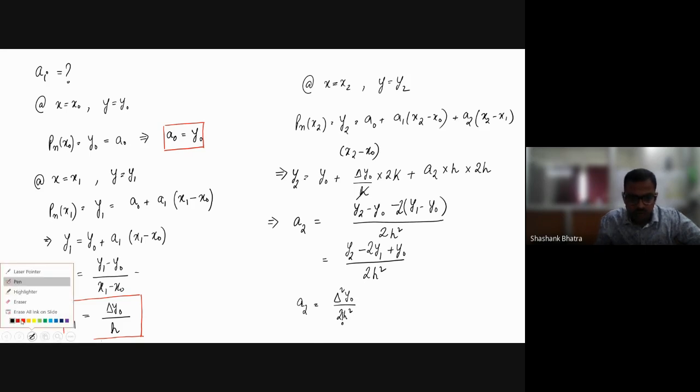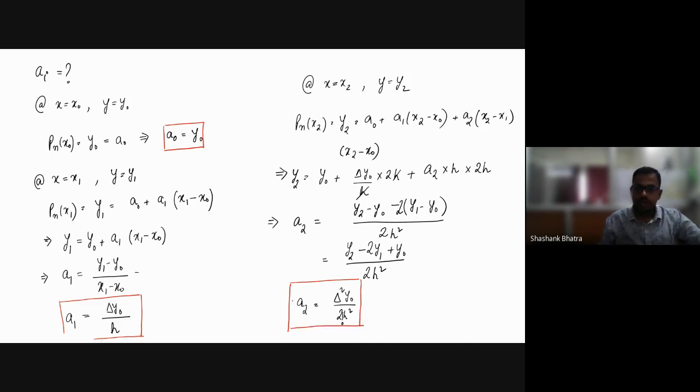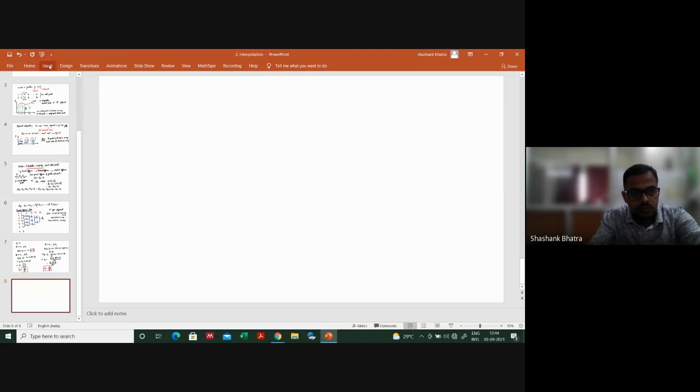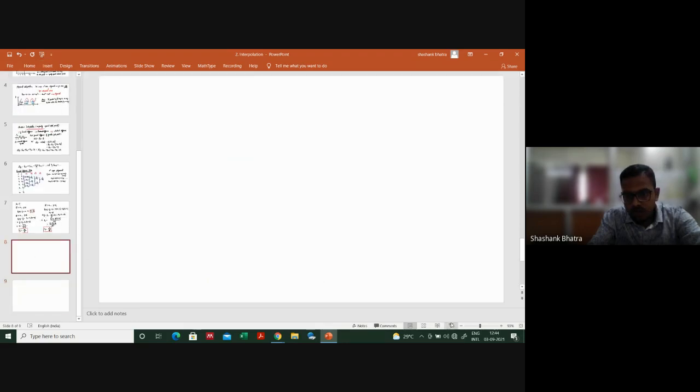You will see it, because as we move on, we will obtain factorial 3, factorial 4, and all those values one after the other. So this was for a2.